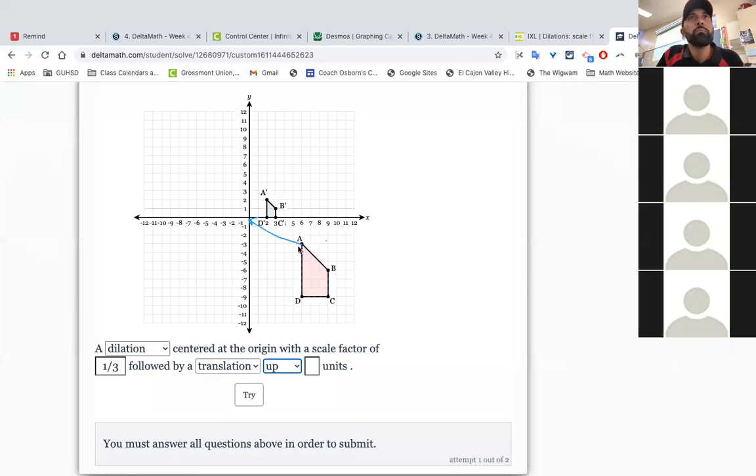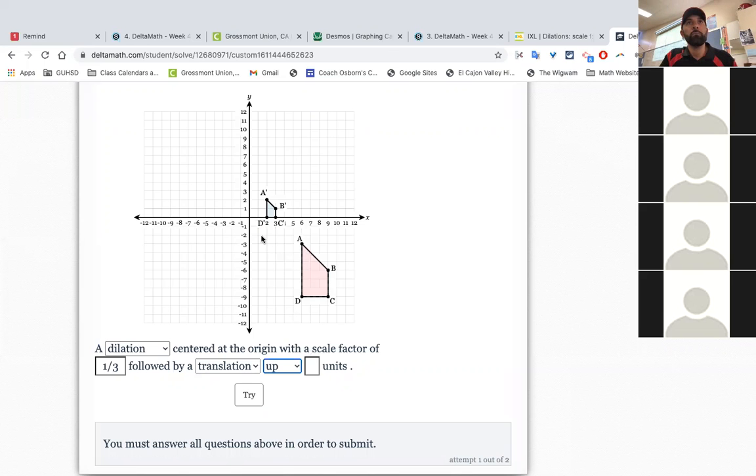So right now what I want to do is look at how far away this point is from the origin. Let me turn this off and clear it. There's only one translation. We're not going left and up. So when it shrinks, it's shrinking and pulling it towards the middle.